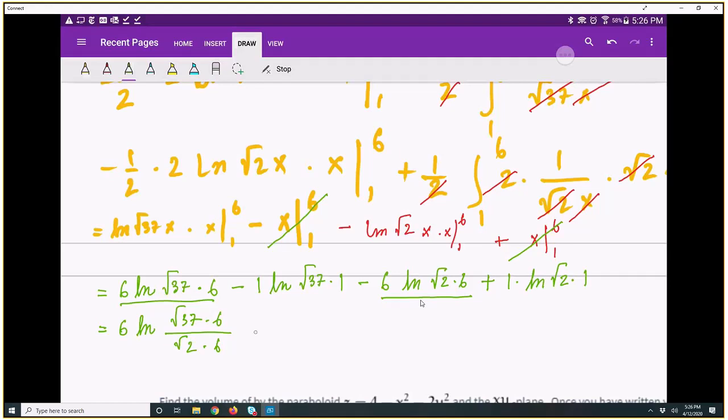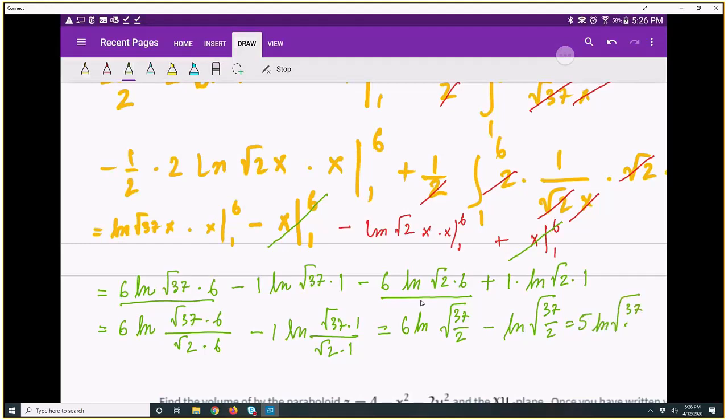Similarly, if I factor out minus 1, I get natural log of square root of 37 times 1 over square root of 2 times 1. So my answer becomes 6 times natural log of square root of 37 over 2, I put them under 1 square root, minus natural log of square root of 37 over 2, which is 5 times natural log of square root of 37 over 2. So we wanted to know the volume, and we have found it.